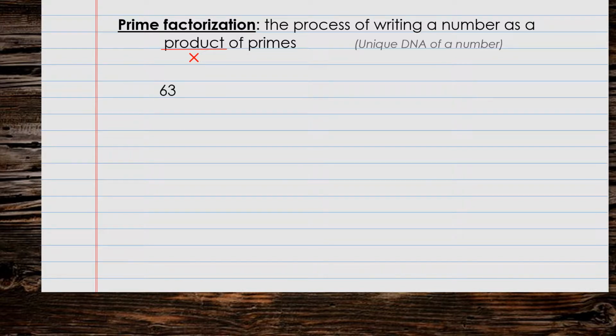So let's look at 63. If I were to do the prime factorization for 63, I need to think of two numbers that multiply to give me 63. Most common would be 9 and 7. Looking at 9, is 9 prime or can it factor? Well, 9 is made up of 3 and 3. Well, 3 happens to be a prime number, so I circle it and call it a berry on my factor tree.